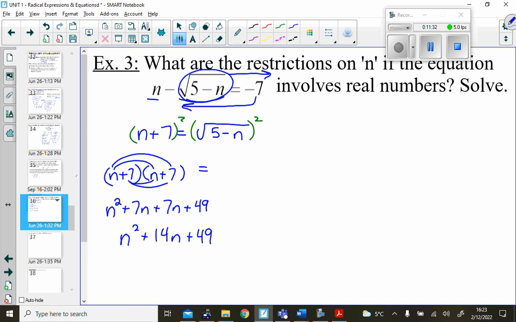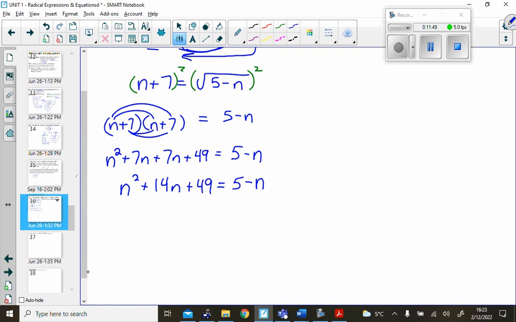Squaring the square root, good news, it disappears and leaves 5 minus n. Now I'm seeing something gross, like quadratics and stuff. So I'll take everything to the other side and make this equal 0.